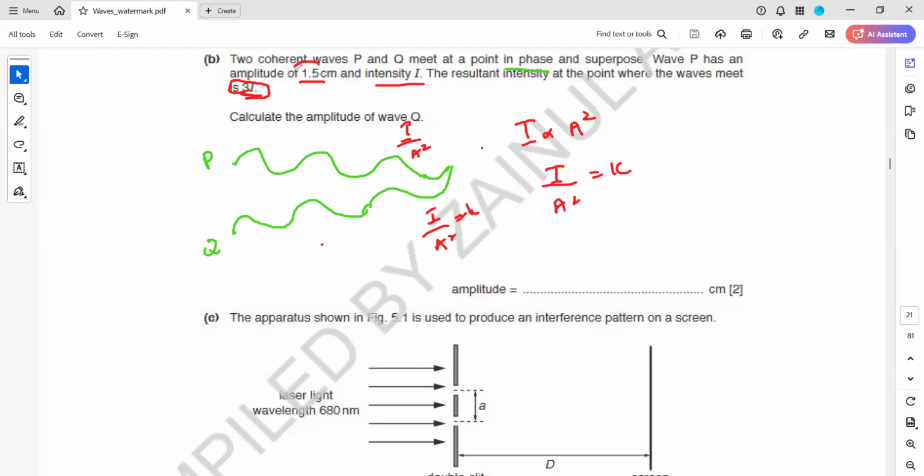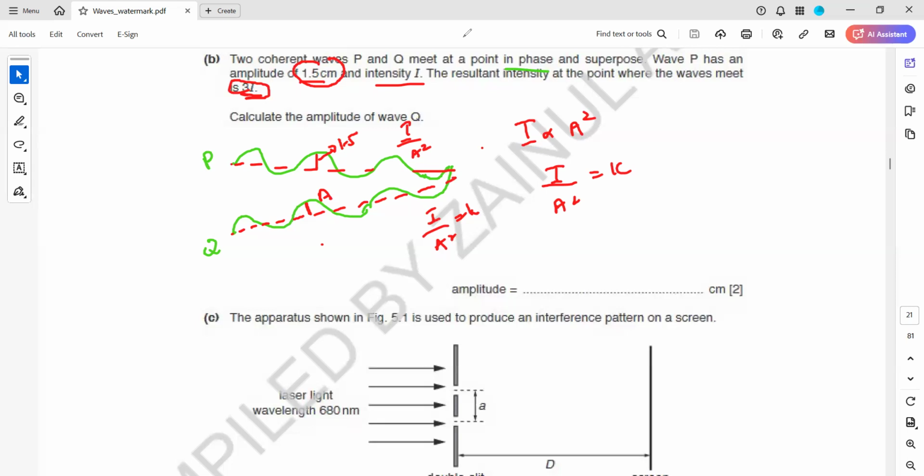P has an amplitude of 1.5 and Q has an amplitude we don't know. For P, this distance is 1.5. For Q, this distance is, let's say, A, because we don't know its amplitude.